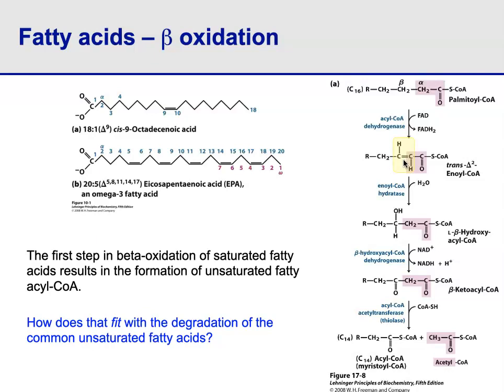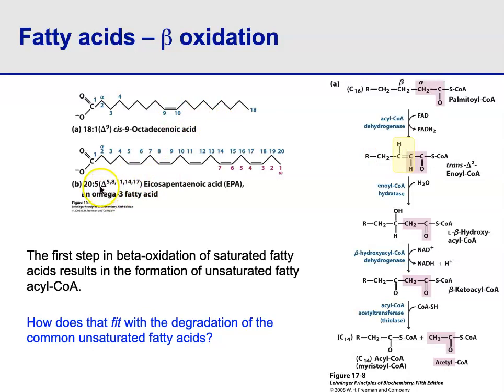Well, the first thing you need to realize is when you look at this structure, for example, this is a cis orientation. And the double bond always starts at an odd carbon towards an even carbon. This, on the other hand, is a trans double bond, and it starts at an even carbon towards an odd carbon. So, for example, this is delta 9.